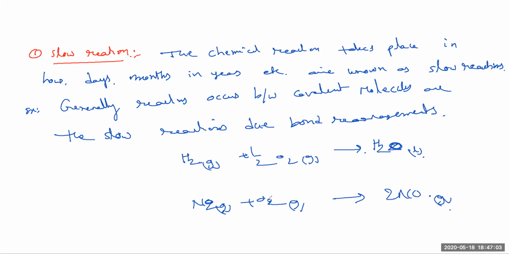That is acid rain in atmospheric air. In such cases it is very slow; we can't expect the time. Even if both reactants are freely available in the atmosphere, they don't convert into NO quickly. That type of reaction is a slow reaction.